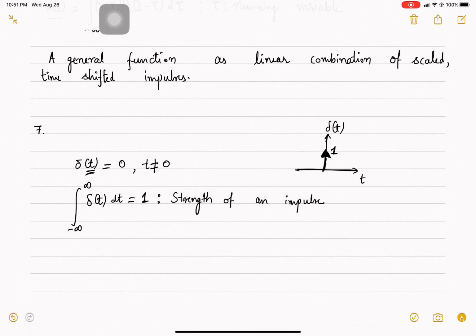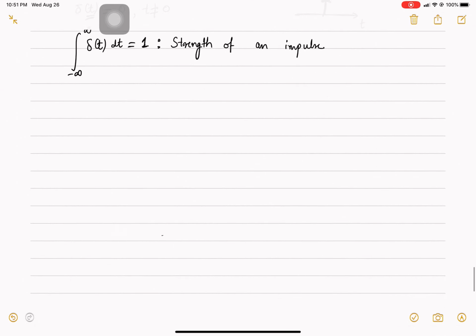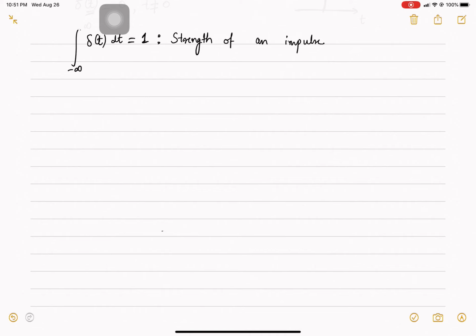Now I'm going to explain how to express a general signal, a general function, in terms of scaled impulses, and we will see the importance in the next session. We are doing the same thing in the continuous time domain, but here it's a bit more difficult.